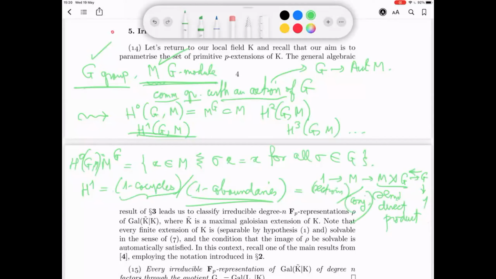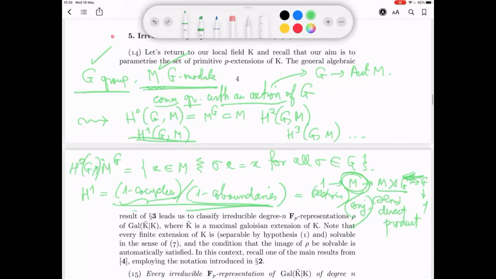So what it means is, if you have 1 section and an element of M, you can conjugate by that element and get another section. So that's an equivalence relation, or the sections which are conjugate to the trivial section, they form a subgroup, and it's the quotient which is the H1.